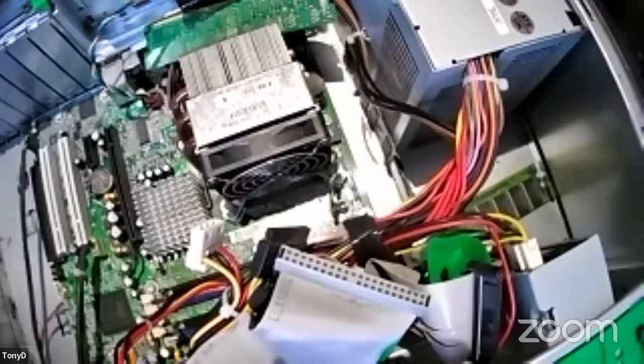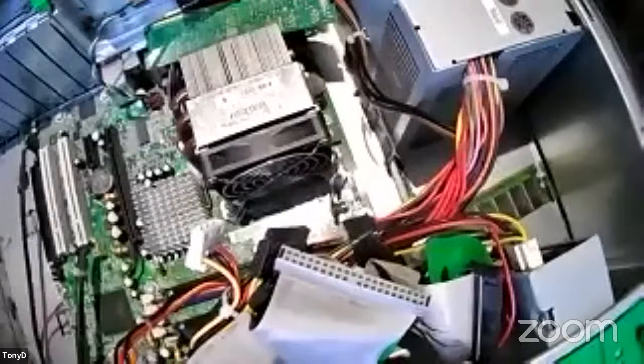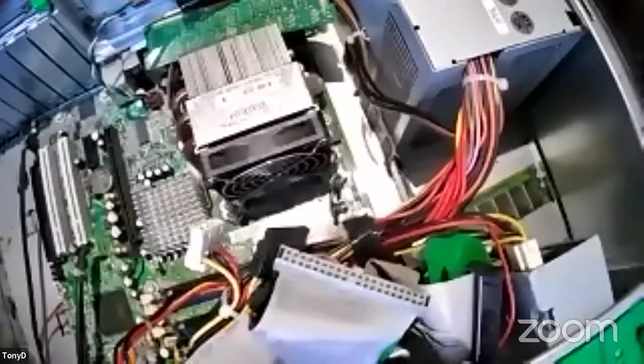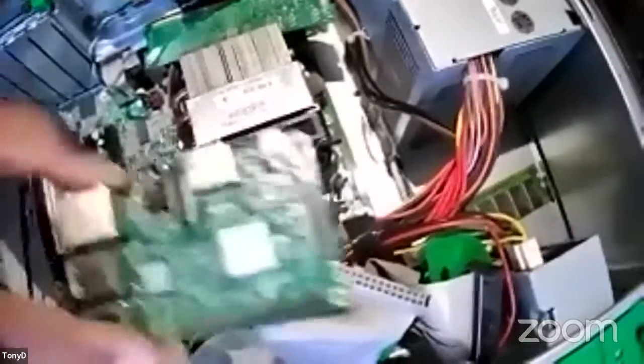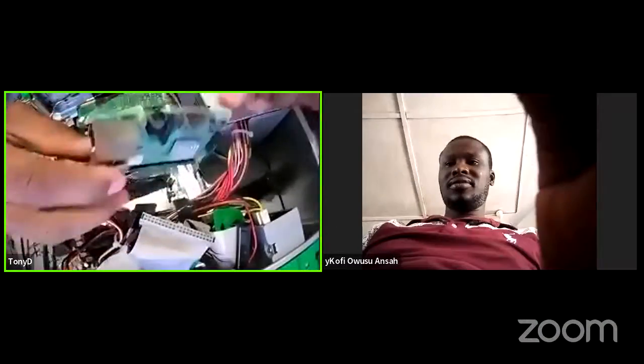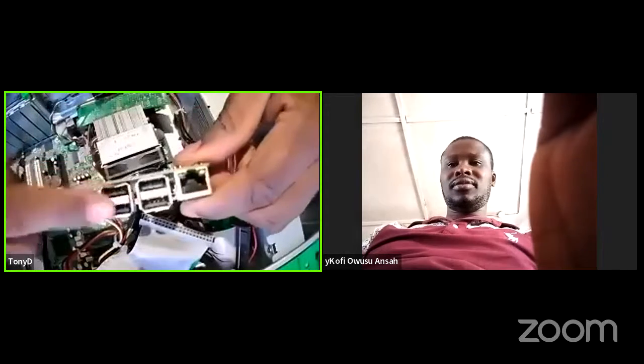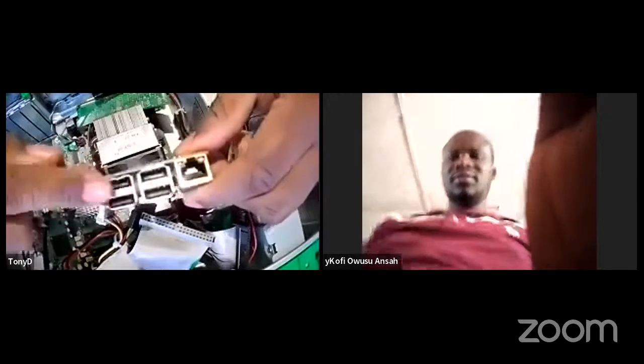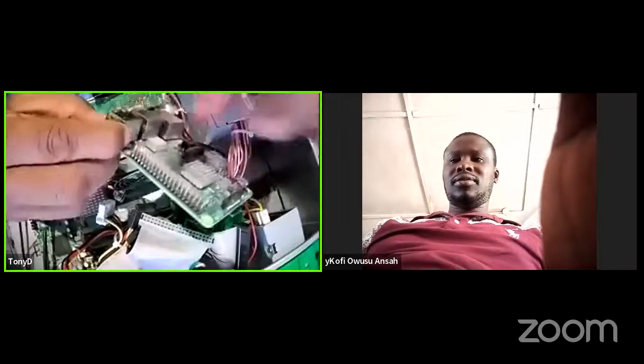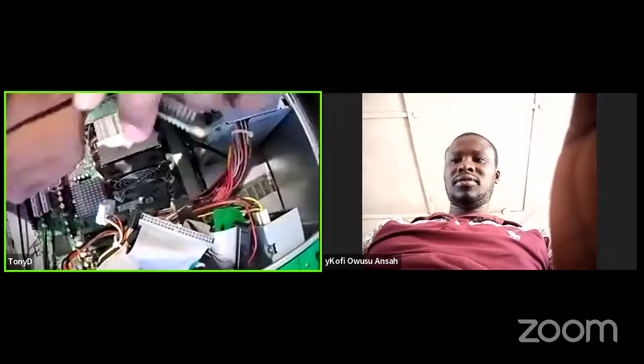Remember what I showed you before. Look at this motherboard. It's the same thing everywhere. If it looks small or big, it's the same thing. You see that the keyboard is connected to this USB, and this USB is connected to the motherboard.